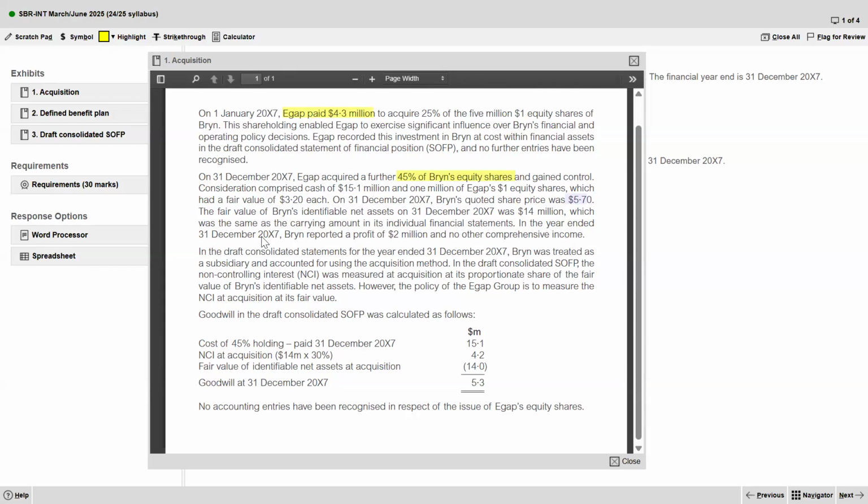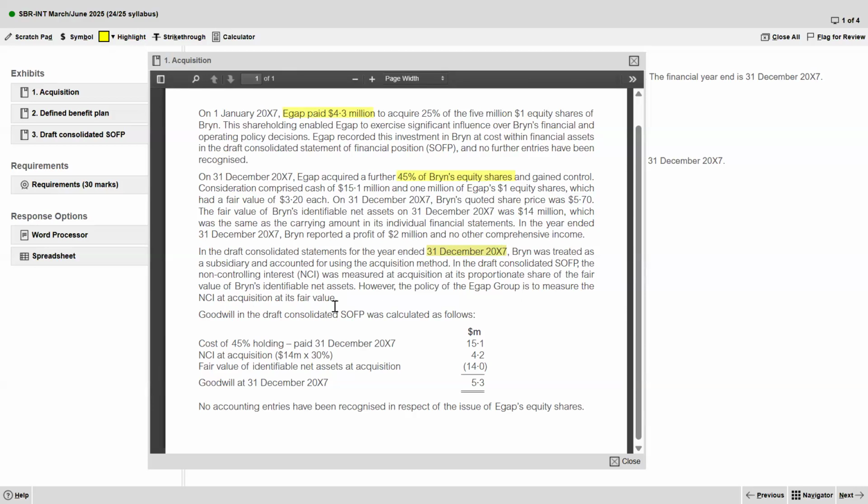In the year ended 31st December X7, Brine reported a profit of $2 million and no other comprehensive income. In the draft consolidated statements for the year ended 31st December X7, Brine was treated as a subsidiary and accounted for using the acquisition method. In the draft consolidated SOFP, the NCI was measured at its proportionate share of the fair value of identifiable net assets.